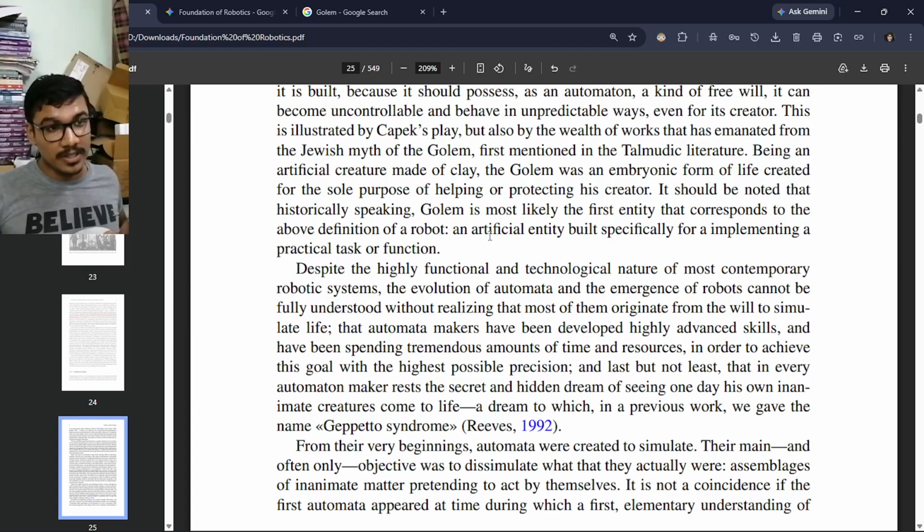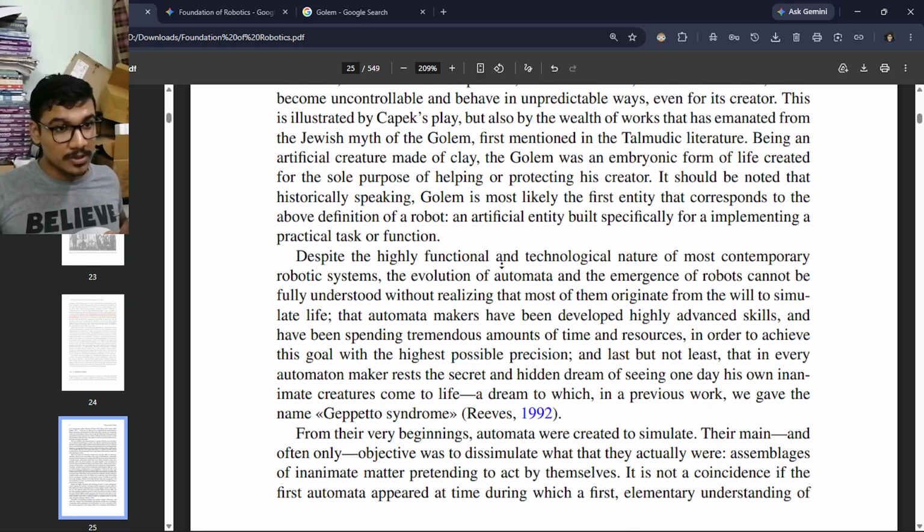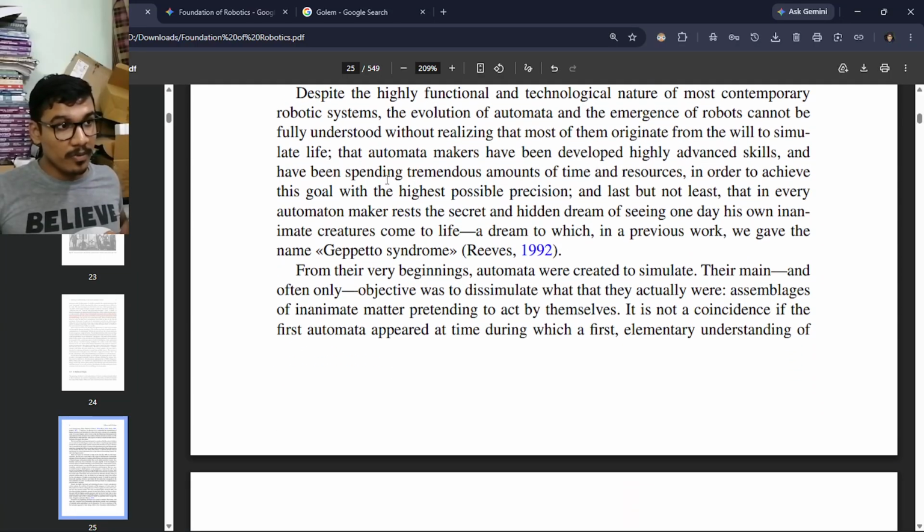Despite the highly functional and technological nature of most contemporary robot systems, the evolution of the automata and the emergence of the robots cannot be fully understood without realizing that most of them originate from a will to simulate life, that automata makers have developed it to a highly advanced scale and have been spending a tremendous amount of time and resources in order to achieve this goal with the highest possible precision.